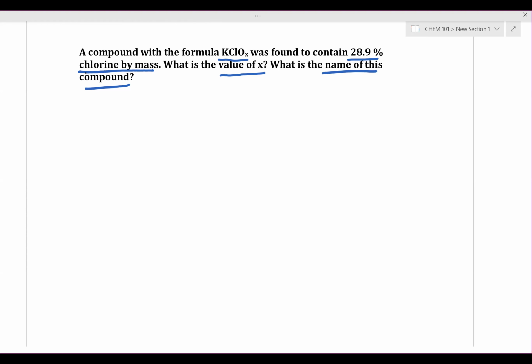Yeah. And then can you figure out from there the mass percentage of potassium? Yes. And then from there, can you figure out the remaining mass of oxygen? Mm-hmm. So that's one way of doing it. If we multiply by 100 grams, it should all equal 100 grams, right? Yes, exactly.